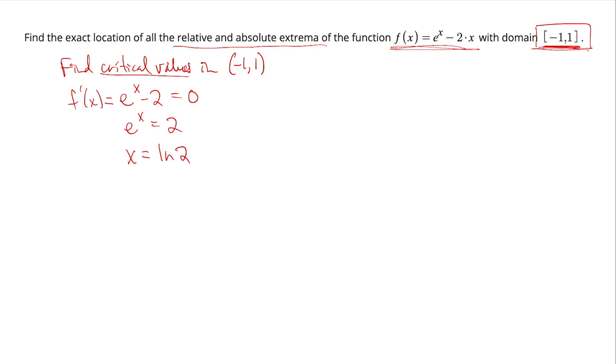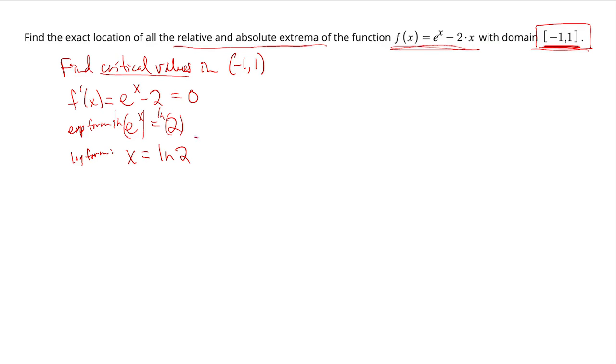Think about this as being an exponential form of an equation, so this is the logarithmic form of that equation. If you don't recall that from college algebra, another thing you can do is take the ln of both sides. Ln of e to the x is just x because those are inverses of each other.